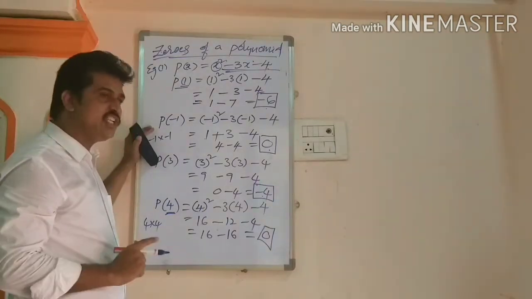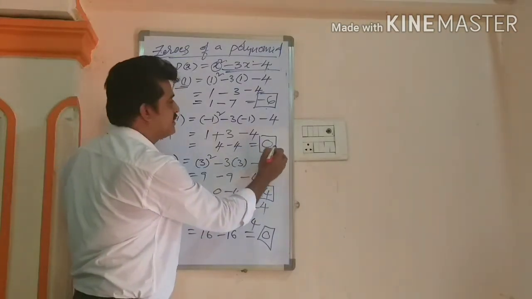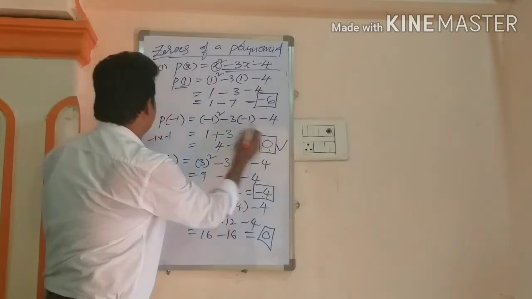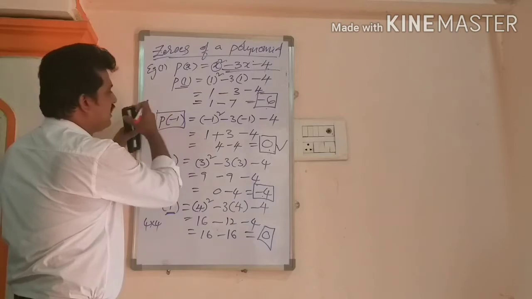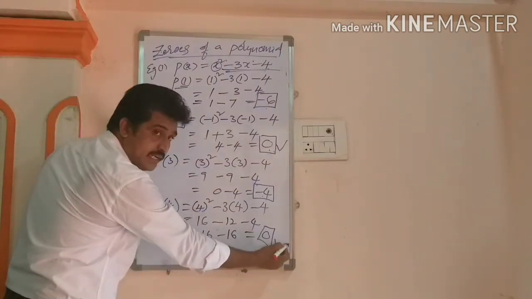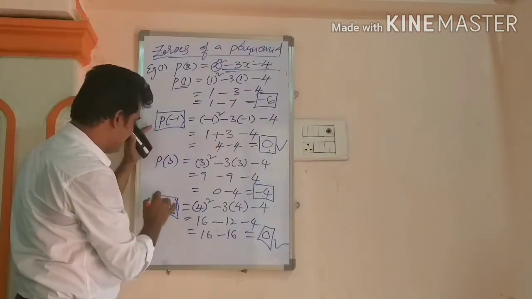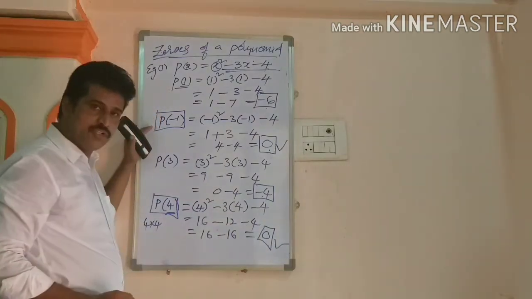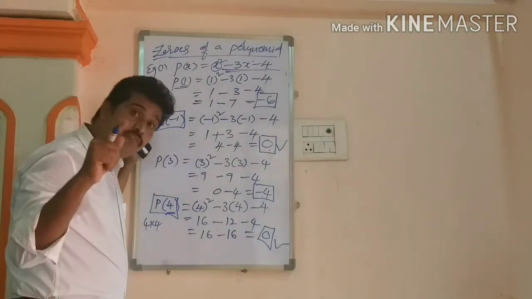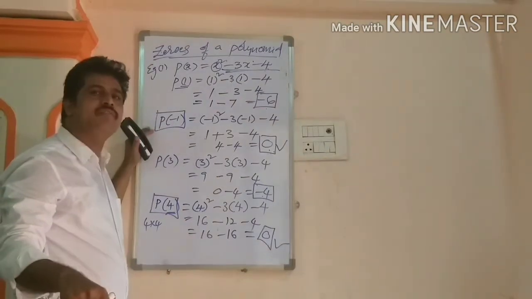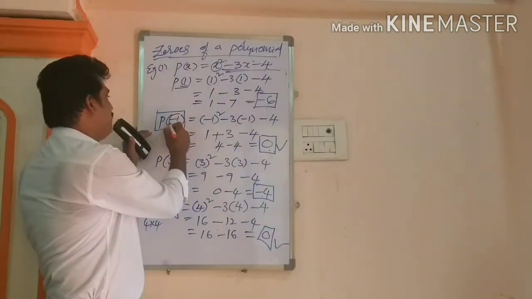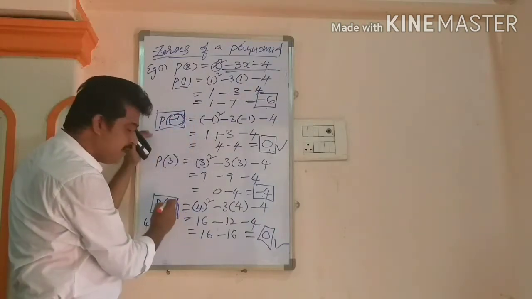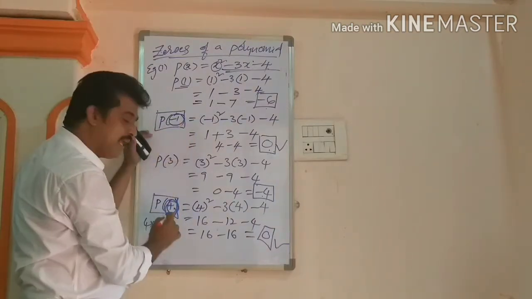Where the result is 0, see there are 2 cases. This is the first case. First case, this one. There the result is 0. And this is the second case. That means this one. Here also the result is 0. Now for what values of the variable the result comes 0? For minus 1 and for 4. There are 2 values.